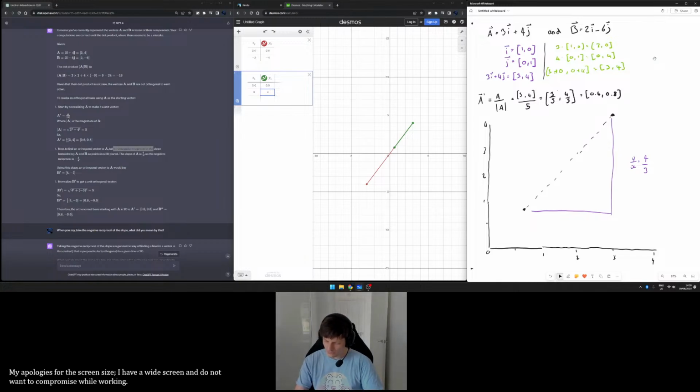And so then with this, we take the magnitude, which is the norm, which is the square root of the inner product. So we must have taken the inner product at some point.